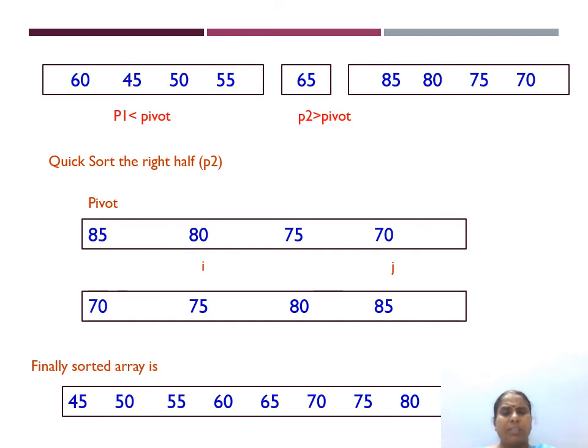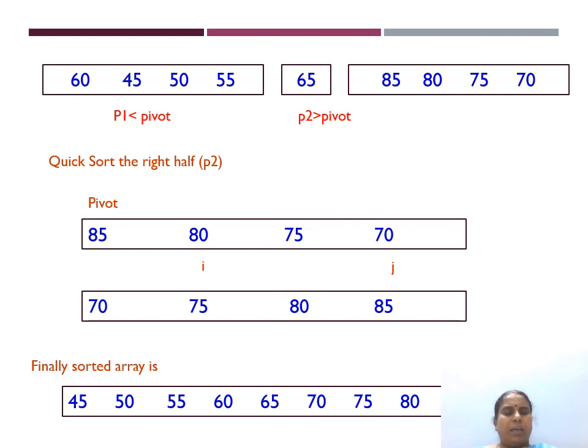And then likewise the right hand side subarray 85, 80, 75, 70. Here 85 will be taken as a pivot, 80, the second element, will be taken as the i pointer, and the last element will be taken as the j pointer. Again the same comparison, a recursive procedure, will be applied in the same manner.